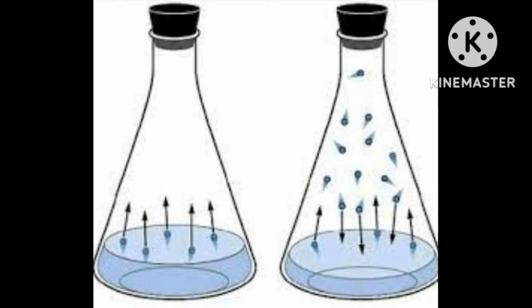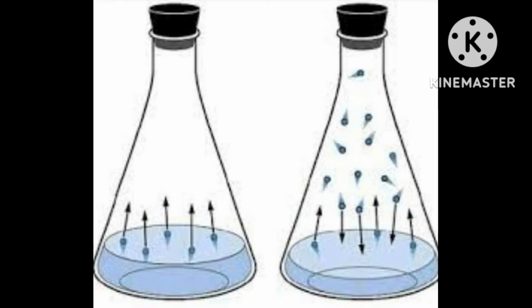These are open systems. Why did it happen? Because these are open systems and it is not possible to reach equilibrium in an open system.